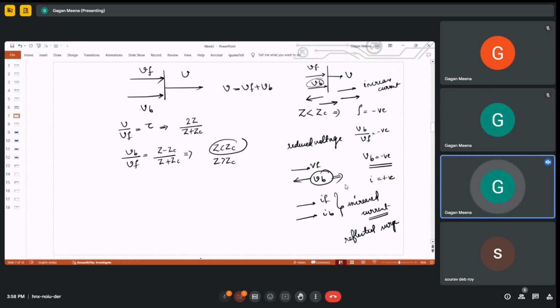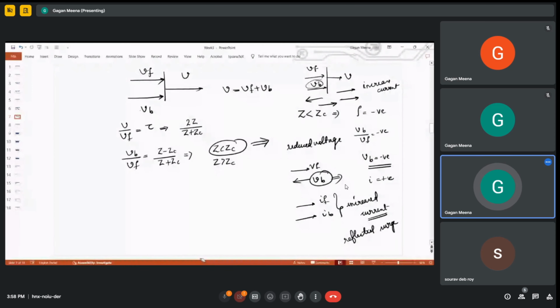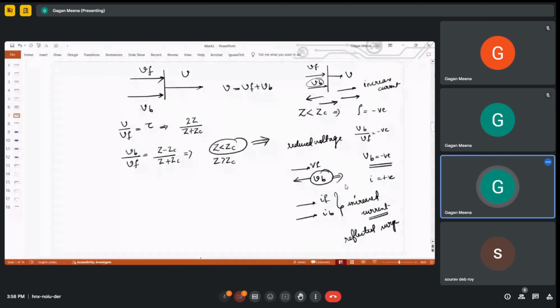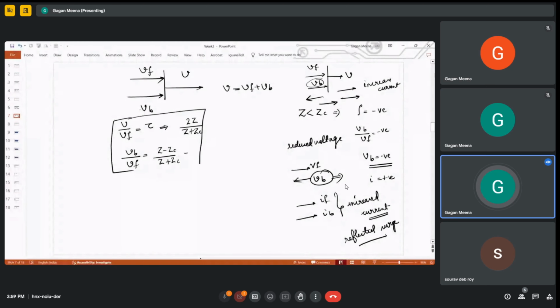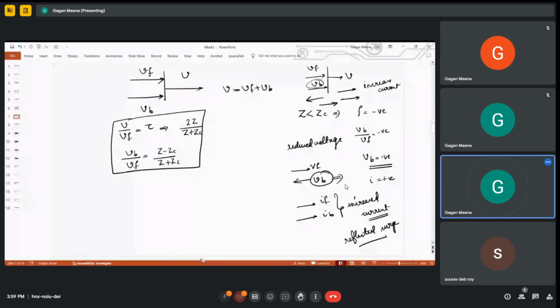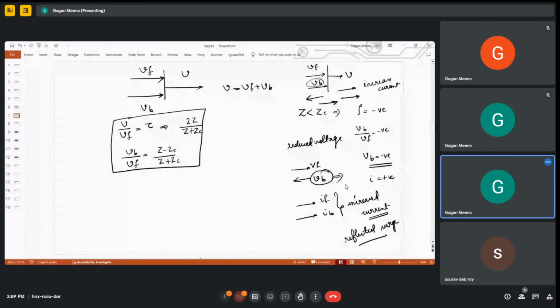For Z less than ZC, the V backward becomes negative, current becomes positive, so there is increased current in the reflected surge and reduced voltage, and the opposite will happen with Z greater than ZC. So these two you should remember very well. These two formulas we will find most extensively used in the numericals today.